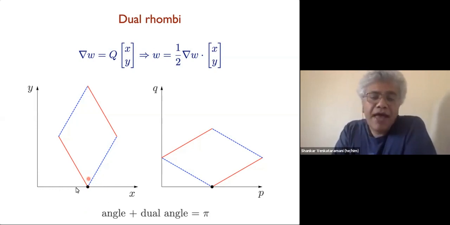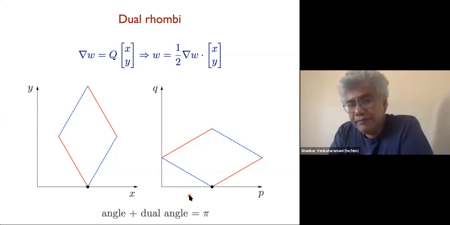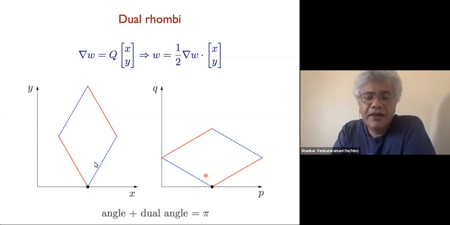These 4 angles add up to 2 pi, which means the 4 dual angles from this equation will also add up to 2 pi. That makes sense. Okay, so this is telling you something that it should be consistent. If you go once around and come back to this point, the normal vector will also make a circuit and come back. It'll go in the opposite direction, but it'll again come back to the same point.